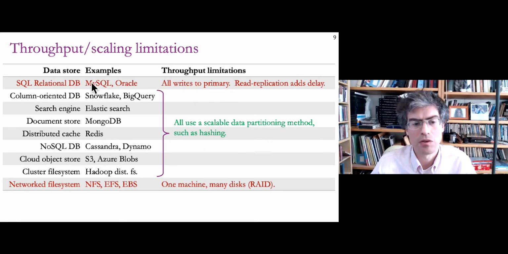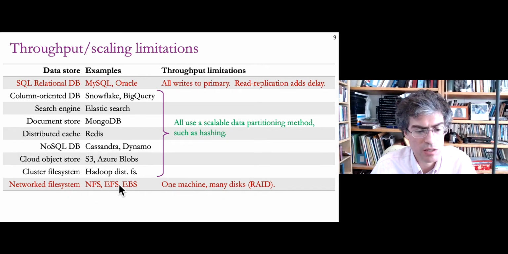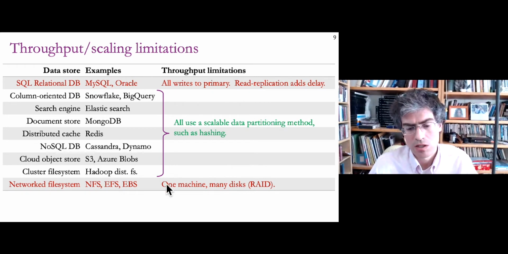So for many reasons, scaling of relational databases is not perfect. It doesn't really solve all our problems. So we have all these other kinds of databases that are much more scalable. Finally, at the end, some networked file systems also have the same centralization as a relational database, and therefore they're not super scalable either. We'll come back to those later, though.